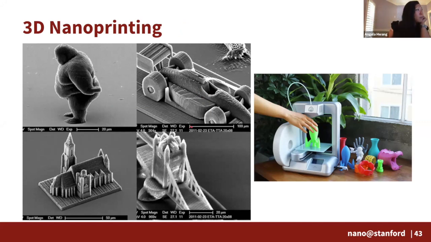So this is about a 200 micron race car that they printed. And I think this is supposed to be like the London Bridge, which is also quite small. Look at the tiny features. And like a little sumo wrestler, but you can actually do this kind of 3D printing at the nanoscale. The technology has evolved to that degree, which I thought is a really fun example as well.